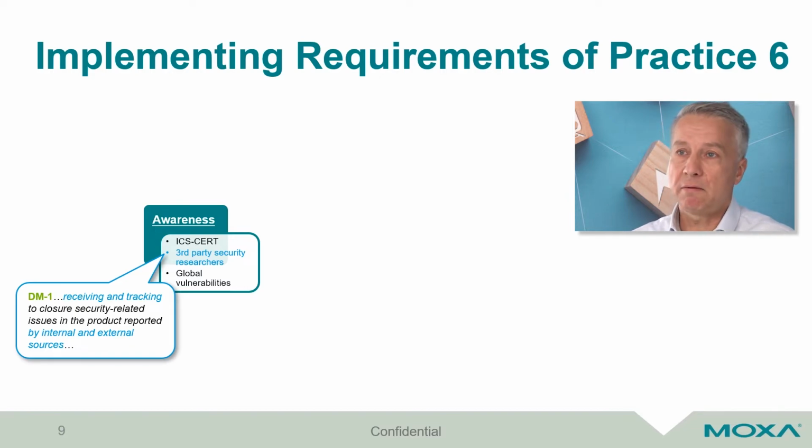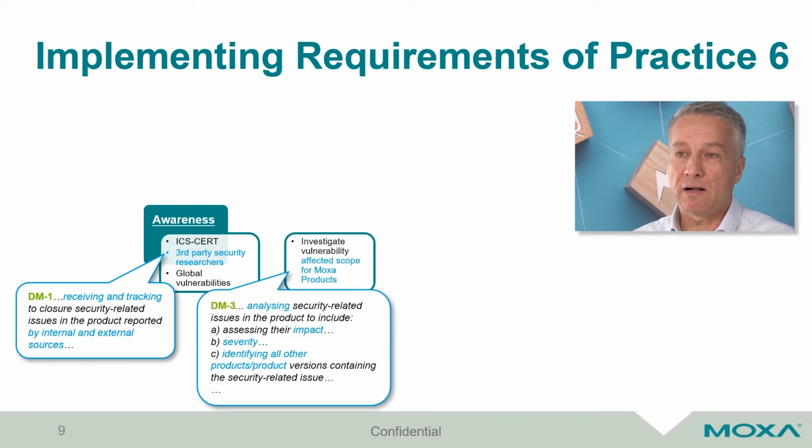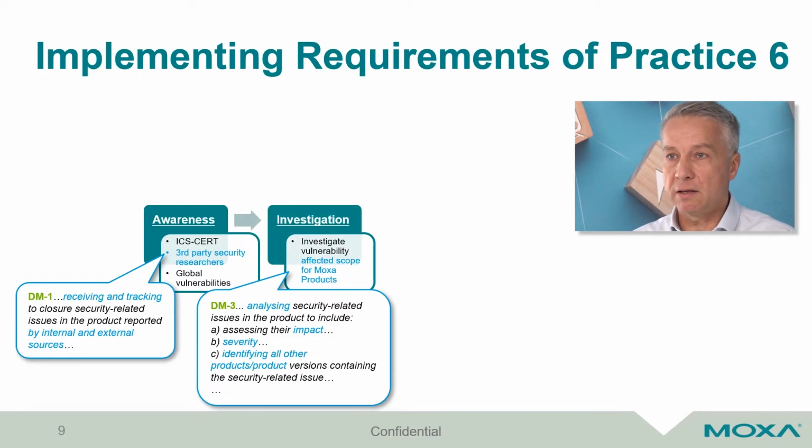Once we have become aware of vulnerabilities, we kick in the second phase, which is about investigating which of our 2,500 products is affected by a vulnerability. General vulnerabilities, as in Ripple20 or Shellshock, made us spend quite a while to figure out which product has been affected.